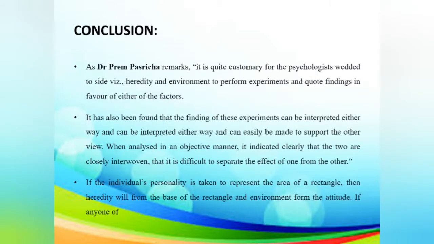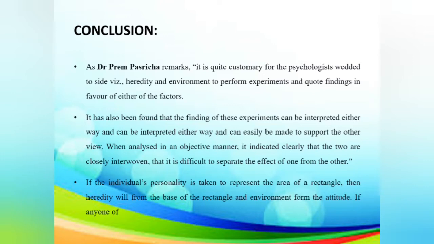Let me conclude the concept of the role of heredity and environment in child development, especially how heredity influences child development. Some studies support environmental theory. As Dr. Prem Pariskar remarks, it is quite customary for psychologists to side with either heredity or environment, to perform experiments and quote findings in favor of either factor.